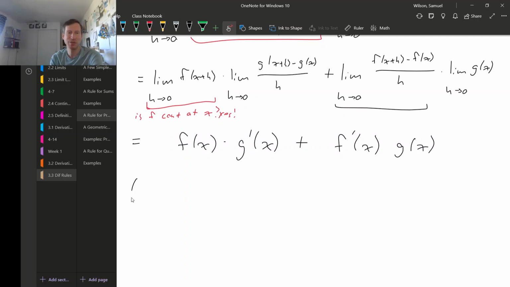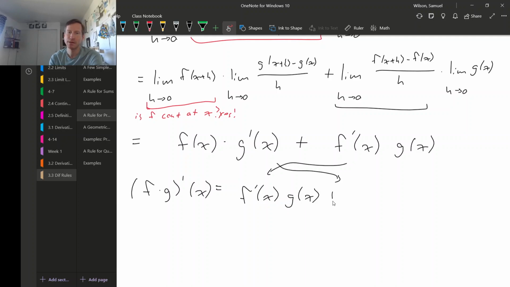All right, so what we got is that the derivative of f times g is, I'm actually going to put these in the other order, f prime of x times g of x plus f of x times g prime of x.